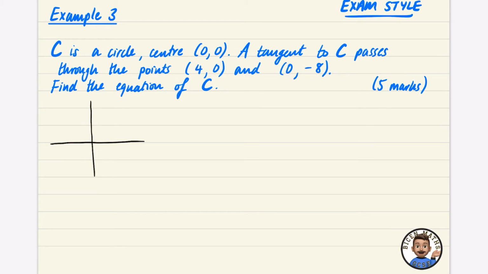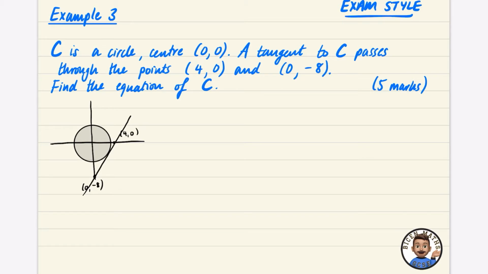So (4, 0) is going to be somewhere here, and (0, -8) is going to be down here. We know that there's a tangent to the circle going through those 2 points like that, which means I should be able to draw a terribly drawn, oh, actually that's come out pretty good. So that's going to be the circle that we're going to try and find.